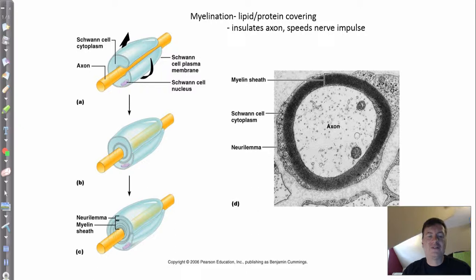The reason that we produce this is myelination actually helps insulate the axon and it speeds the nerve impulse. We'll consider a disease where this myelin sheath gets damaged, and when it does, we see irregular or slower speeds of impulses. So we know myelination is involved in speeding impulses on axons in the CNS and in the PNS.